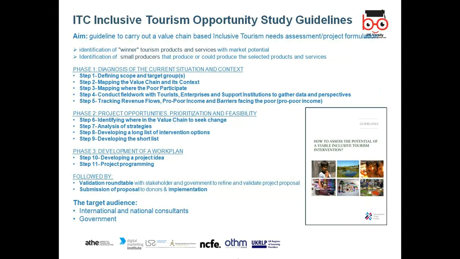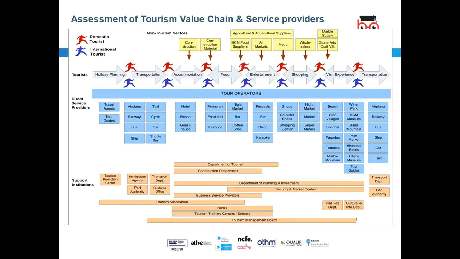Okay, next ITCS, the International Tourism Council. Tourism opportunity study: we need to look at where the opportunities are, with a lot of research happening. Then assessment of the tourism value chain, how we can create value. Primary sector, international tourists, local tourists.